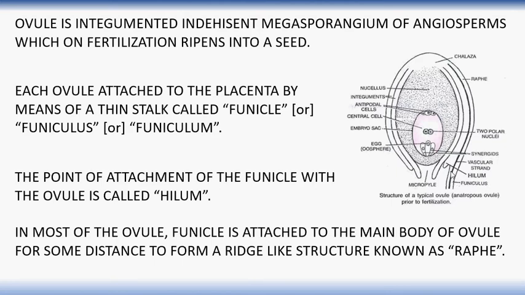And the point of attachment of this funicle to the ovule body is called hilum. In some ovules, this funicle moves some distance to form a ridge-like structure called raphe.